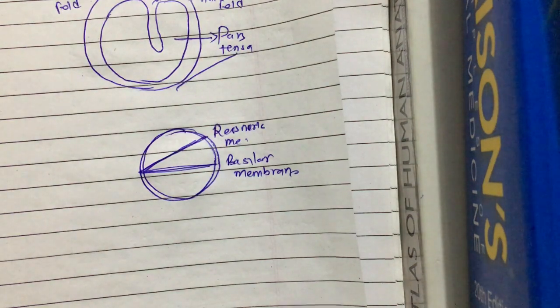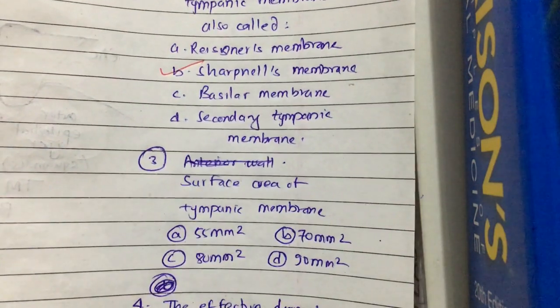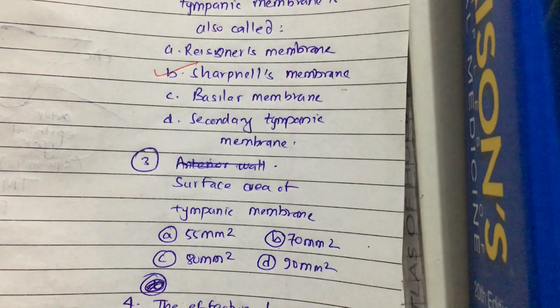We will discuss this later in the inner ear. The secondary tympanic membrane is the layer which covers the round window. The oval window is covered by the stapes and the round window by the secondary tympanic membrane. This will also be discussed in later videos. So the pars flaccida of the tympanic membrane is also called Shrapnell's membrane.